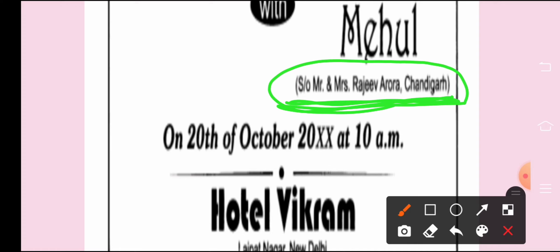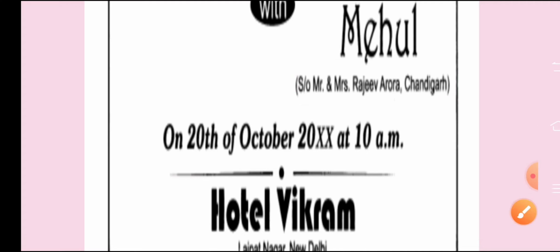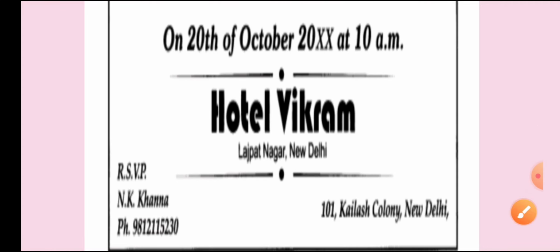On. One more piece of advice: you can write this word on here, but it is okay if you leave it out too. On 20th October 2000, the year you can decide, at 10 AM, Hotel Vikram, Lajpat Nagar, New Delhi. And now in the left hand corner you have to write RSVP N.K. Khanna, and whatever phone number you want to give here.